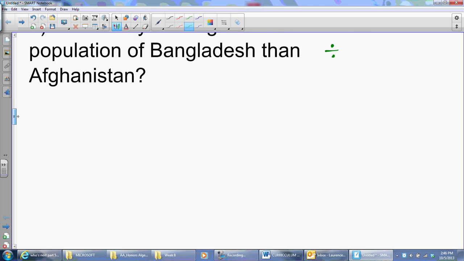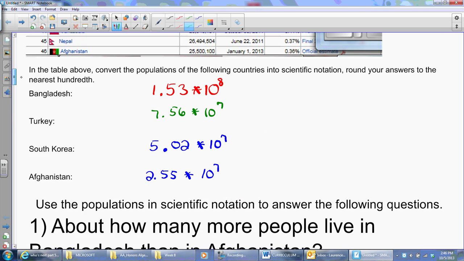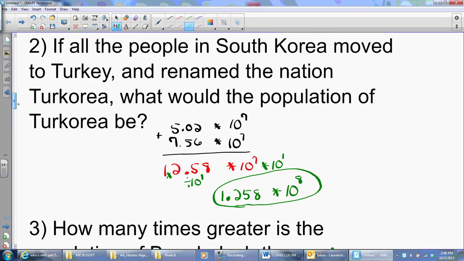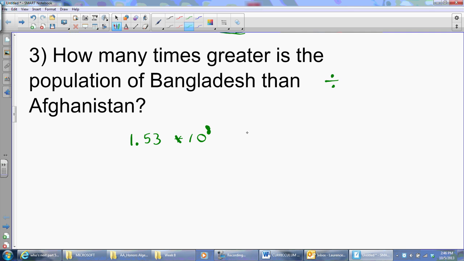Okay, so I've got 1.53 times 10 to the 8th, and I'm comparing Afghanistan, 2.5 times 10 to the 7th. Okay.